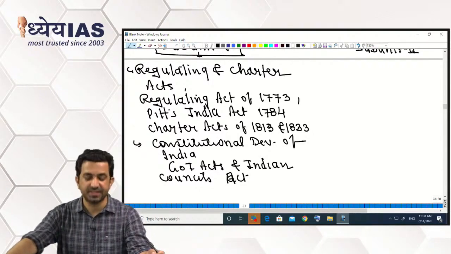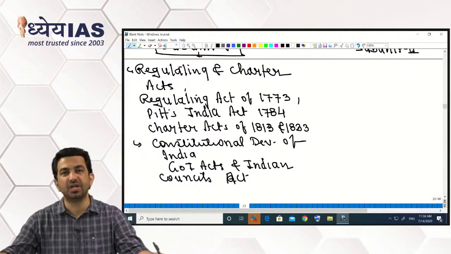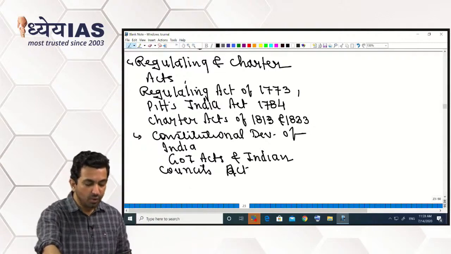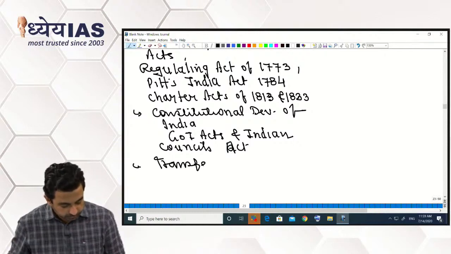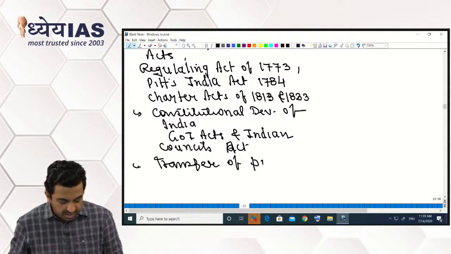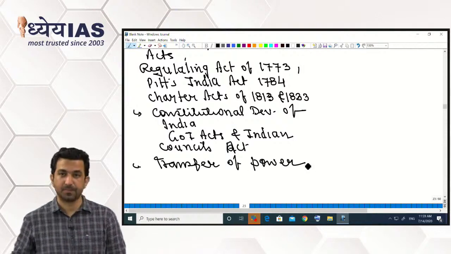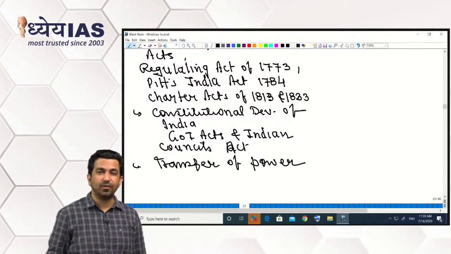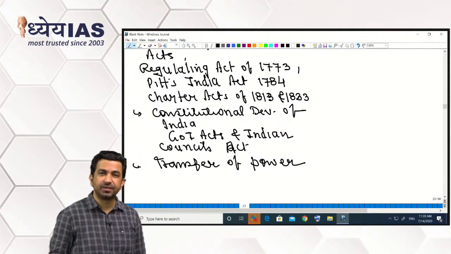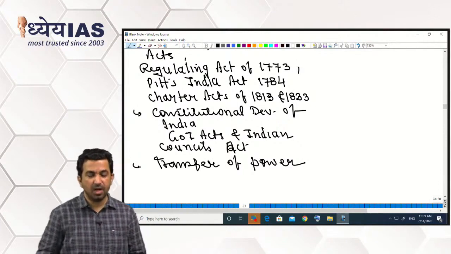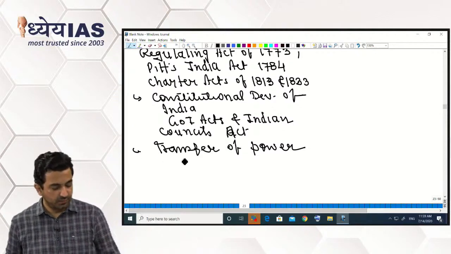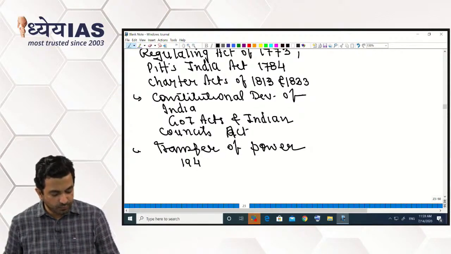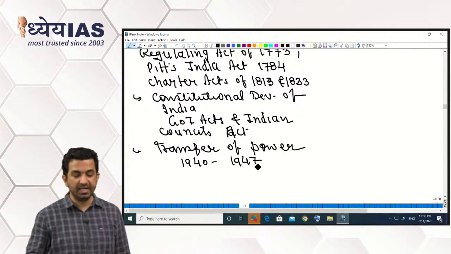We have to discuss under this head, constitutional development of India, followed by transfer of power, transfer of power from the British into the hands of the Indians from 1940 till 1947.